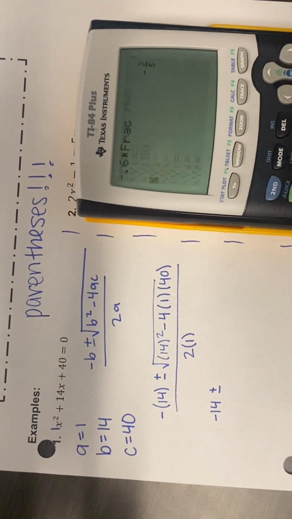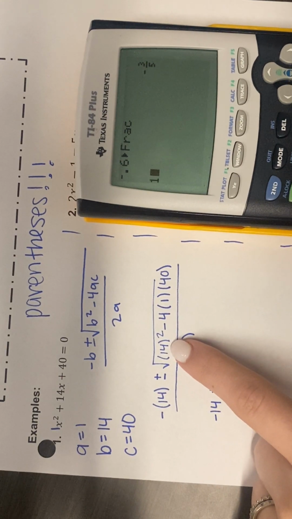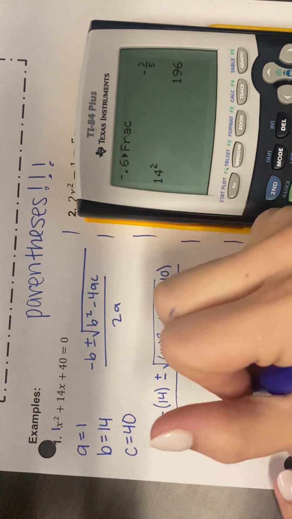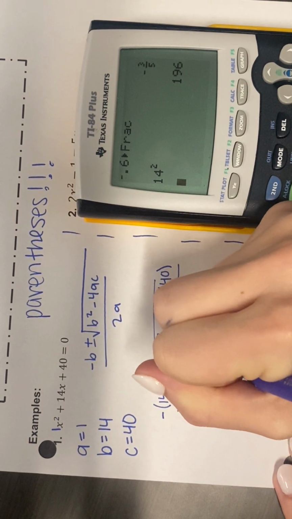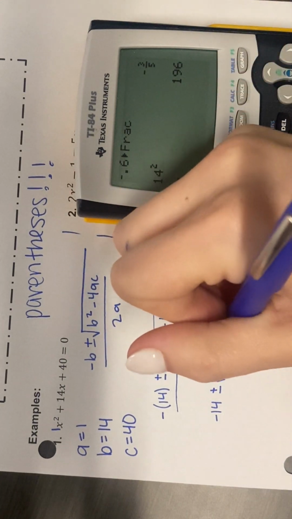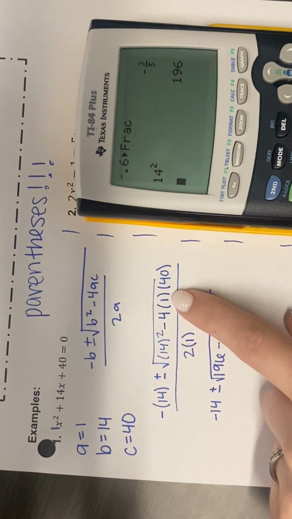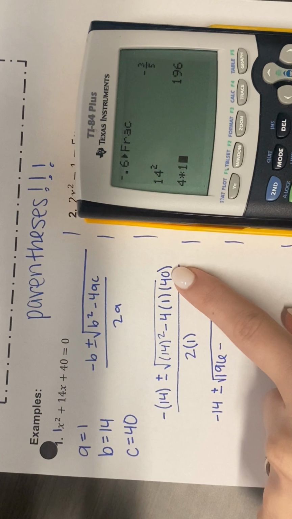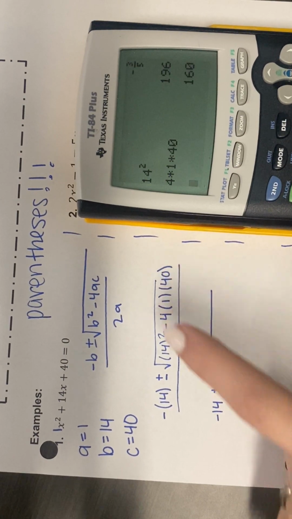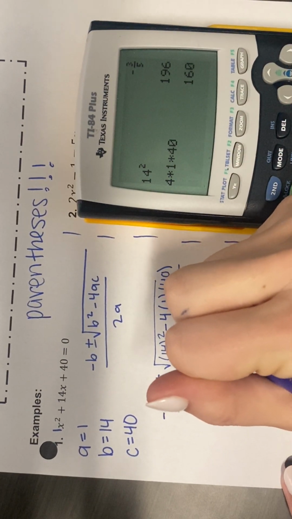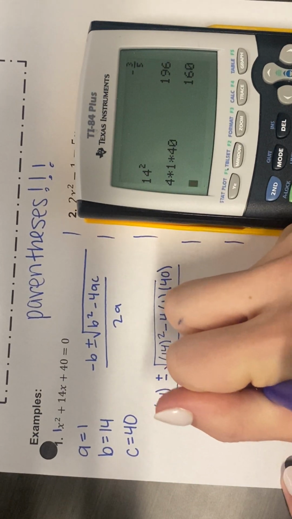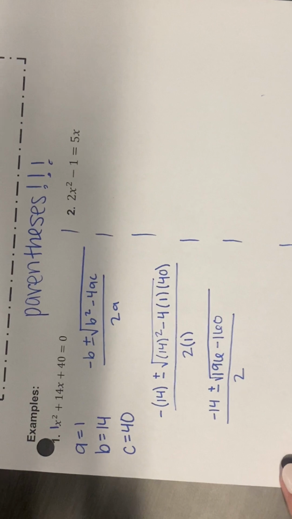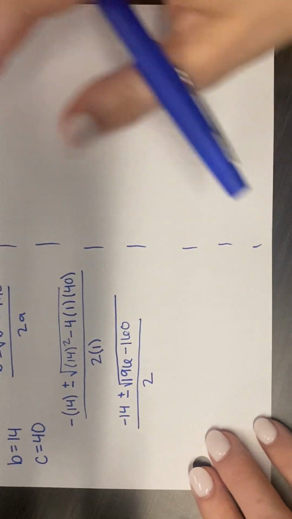We have 14 squared, and we get 196. So don't forget that square root symbol though. So 196, and then minus 4 times 1 times 40, we get 160. All over 2 times 1, which is 2. Okay, now we're just going to keep simplifying.